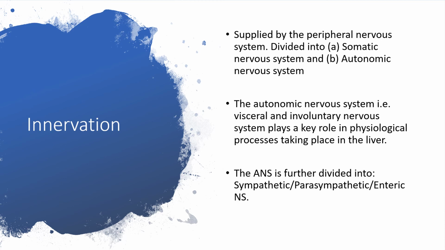The autonomic nervous system could be further divided into sympathetic, parasympathetic, and enteric nervous system. Depending on the textbook or whatever source of your info, you may find the autonomic nervous system has been divided into only sympathetic and parasympathetic.